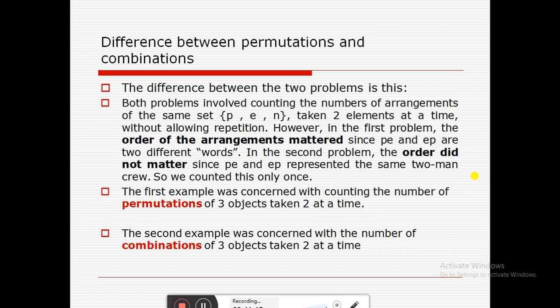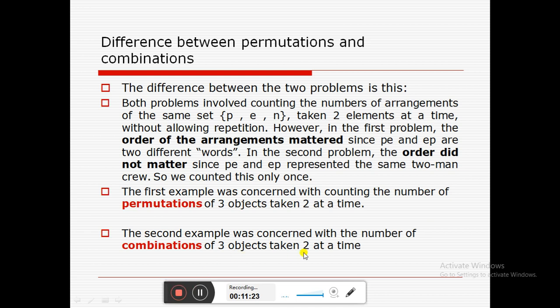That's the difference between permutation and combination. The first example was concerned with counting the number of permutations of three objects taken two at a time. The second example was with the number of combinations of three objects taken two at a time.